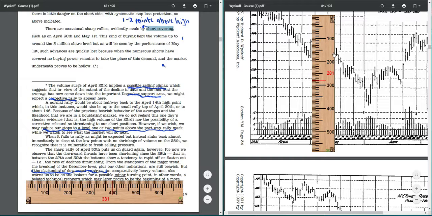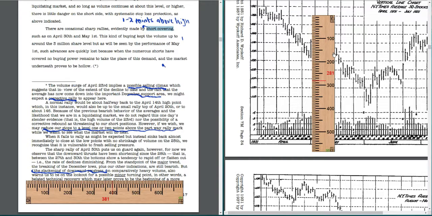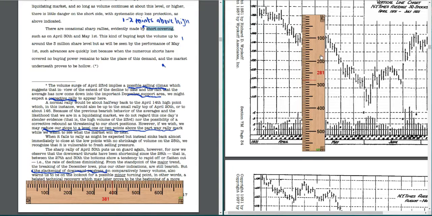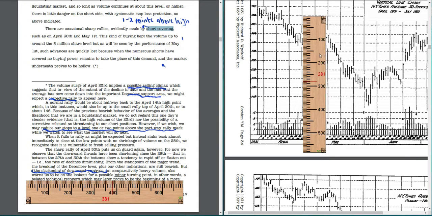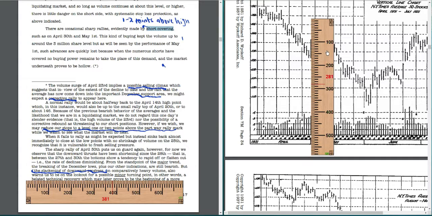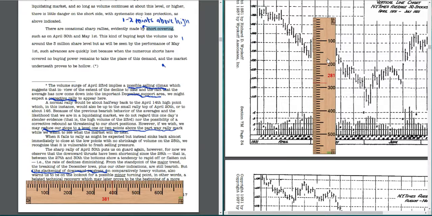So he's just trying to tell you what he thinks. Over here, he thinks this is a potential selling climax. It could be, but after that, there's not a lot of juice, and it goes right back down. All right, now, when it goes down, there's a lot of volume, and the thrust from low to low isn't really that much, setting up the technical rally or just the short covering.